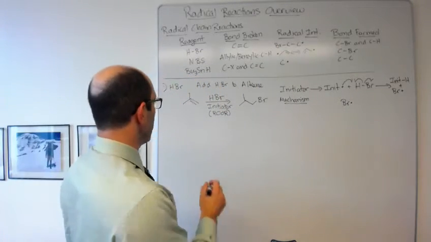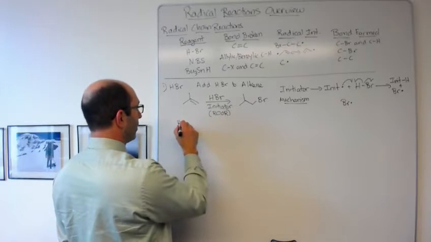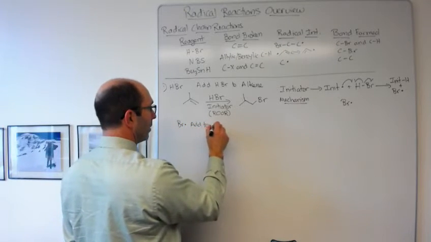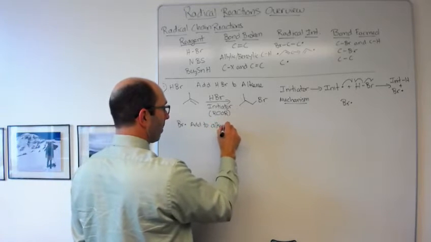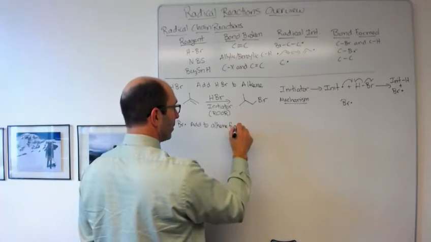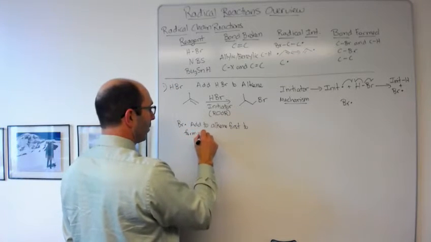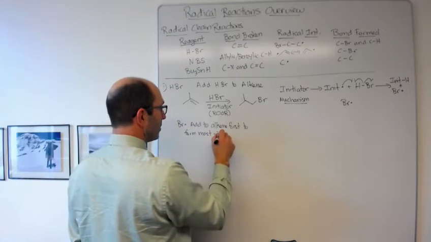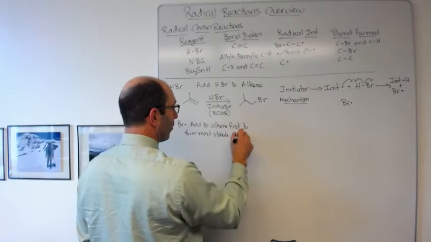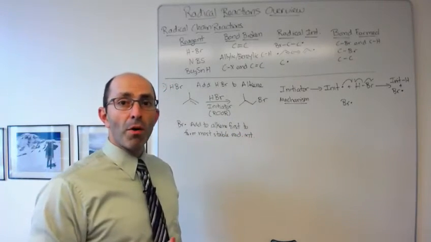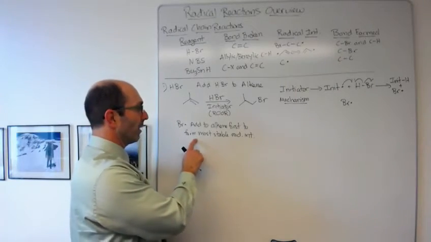And the key here is that we're going to have Br radical add to an alkene first to form the most stable radical intermediate. That's the key part of these reactions, understanding the mechanism. That's the key.